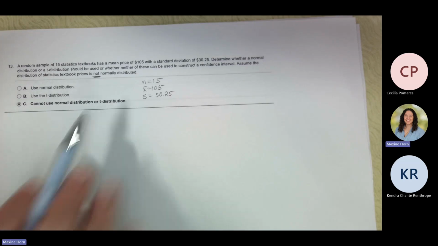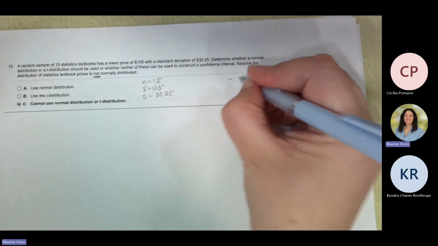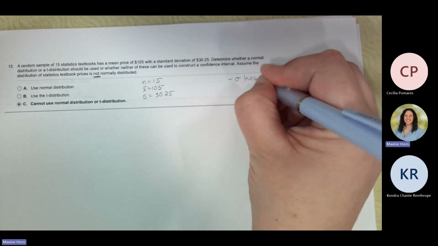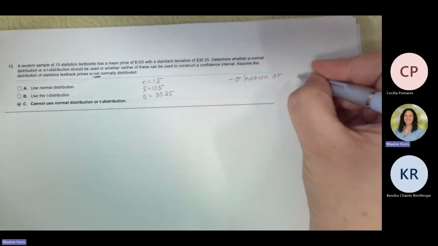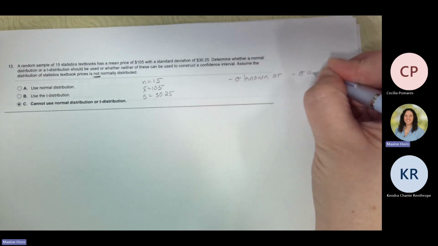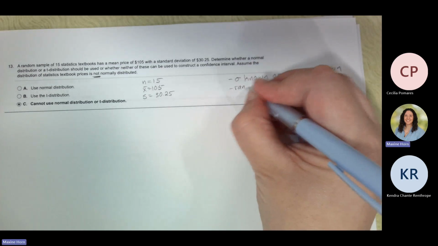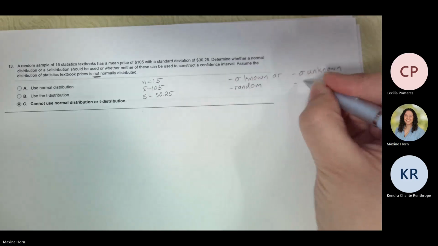Okay. So again, you're checking, is this known or is it unknown? Okay. Then for both of them, it needs to be a random sample, right?